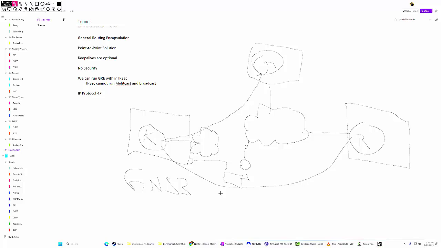Once I do that, I can create EIGRP relationships to the tunnel. And here's the best thing. Not only am I using the internet to create my own logical connections, I can encrypt that traffic.